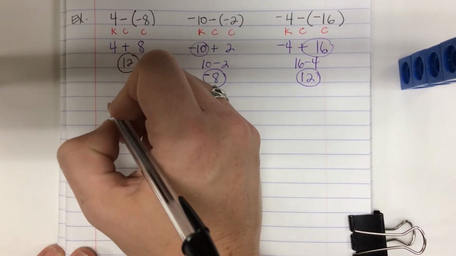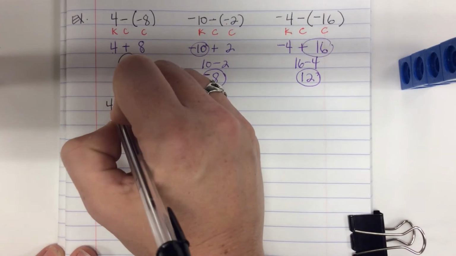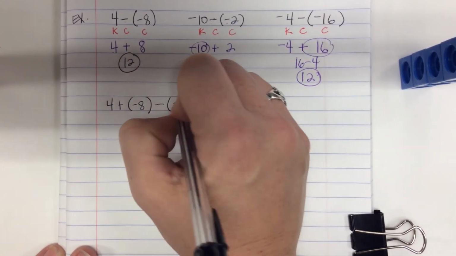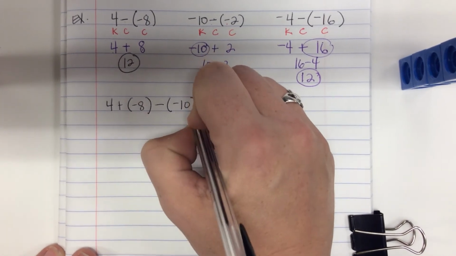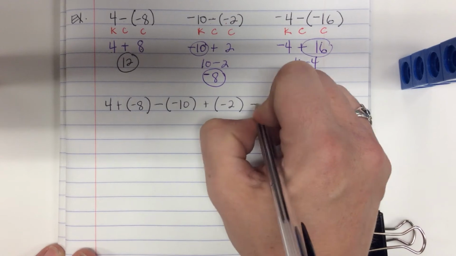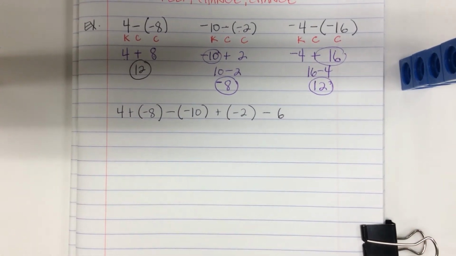Let's do another one. Let's do a big, long example. It's going to take a lot of space. Four plus negative 8 minus negative 10 plus negative 2 minus 6.